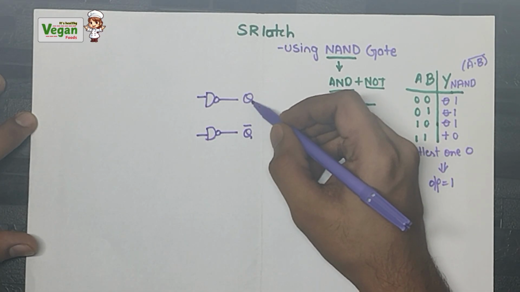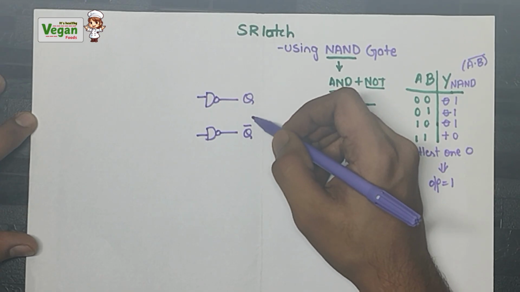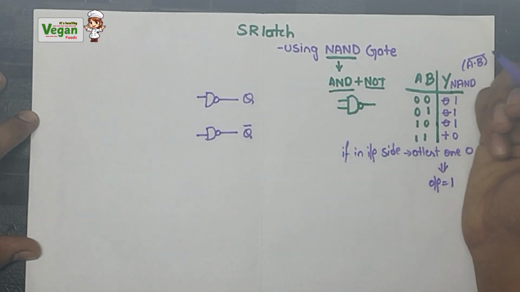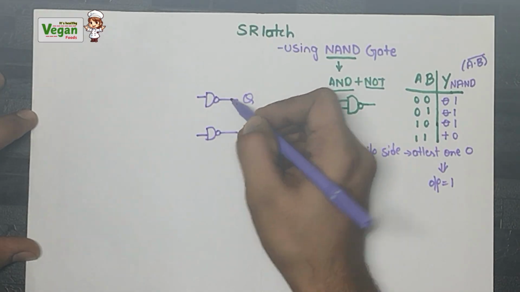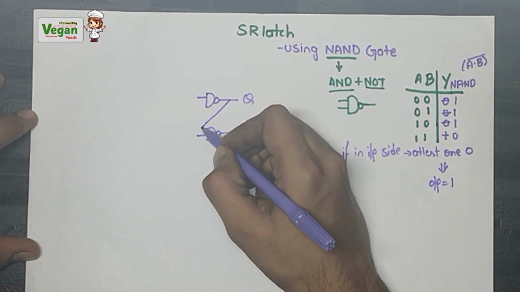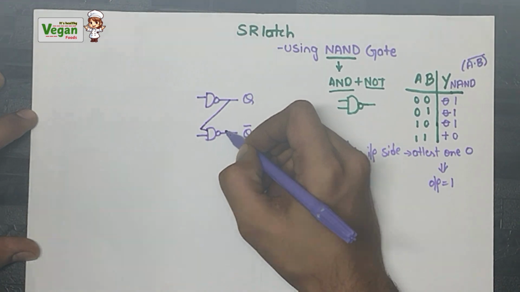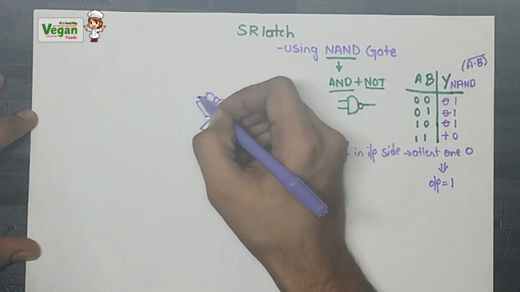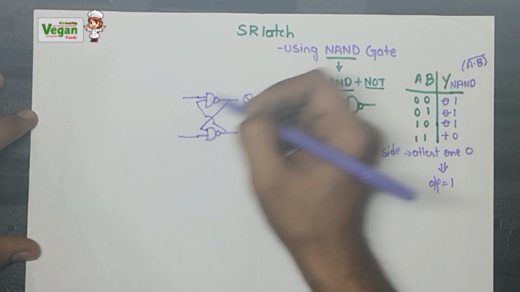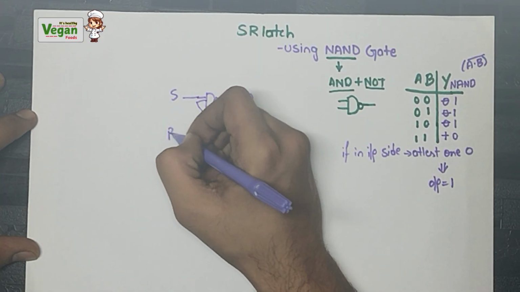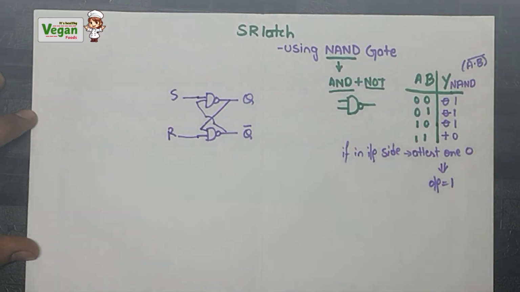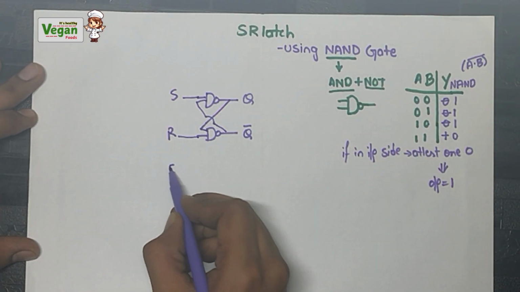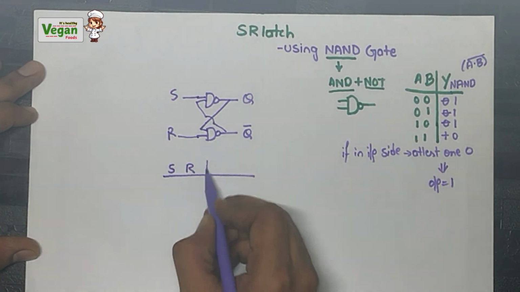Therefore, only complementary outputs are allowed in latches. Now this output will act as input to the other NAND gate, and that NAND gate's output will act as the input to this NAND gate. And the two inputs are S and R.